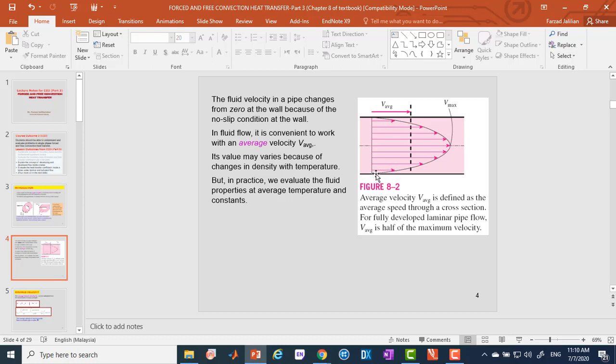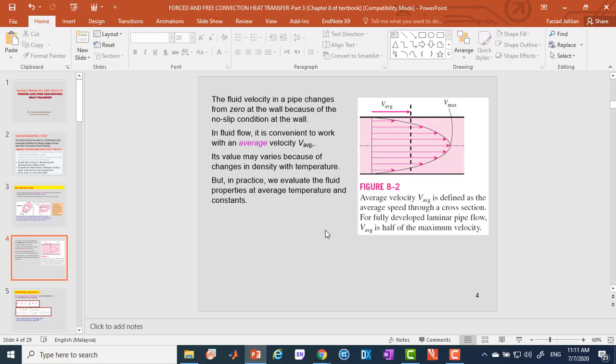You can see that the velocity of the fluid near the wall is almost zero, or we can consider it as zero. This is due to the no slip condition at the wall. So the speed of the fluid near the wall is almost zero. We call that no slip condition. And at the center of the pipe will be the maximum. The velocity of the fluid in the center of the pipe will be maximum, Vmax.